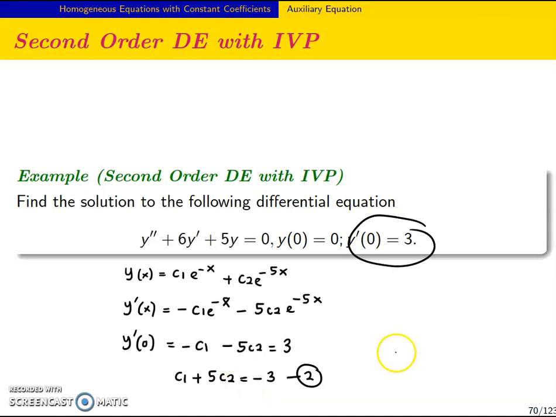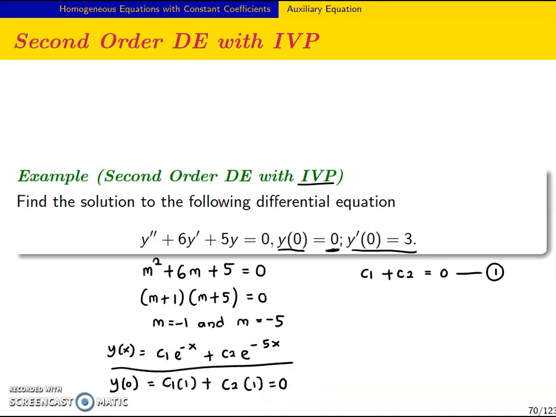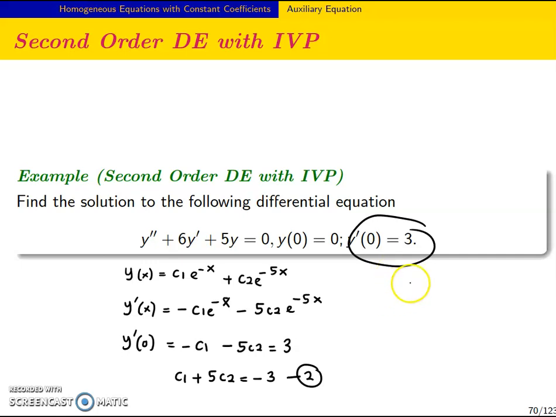Okay, so now we need to solve the first condition and the second condition. The first condition we have is c1 plus c2 equals 0. So I can write c1 equals negative c2 and put it into this equation here.